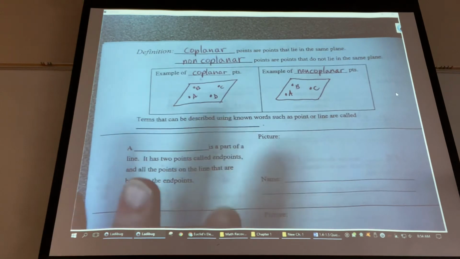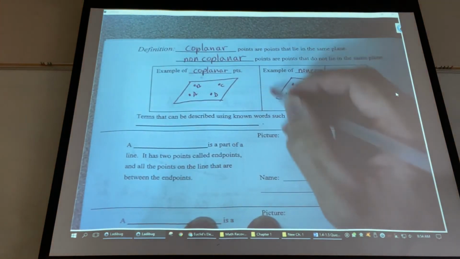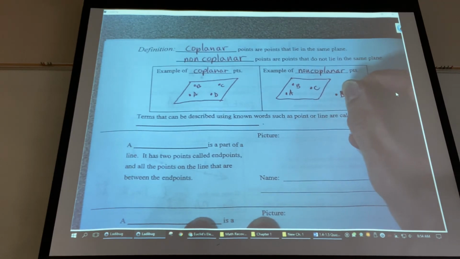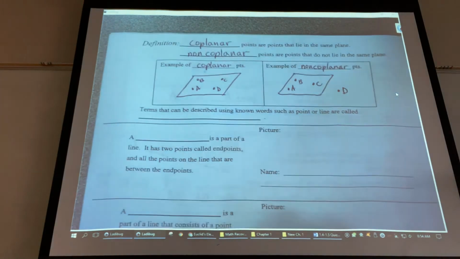Outside of the plane. Anywhere outside of the plane. If the plane goes on forever, then how can it be outside of it? Because it's only two-dimensional, so it's going in the third dimension. It's either above the plane or behind the plane. Does that kind of make sense?